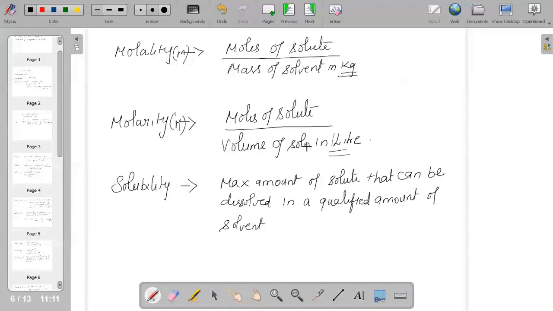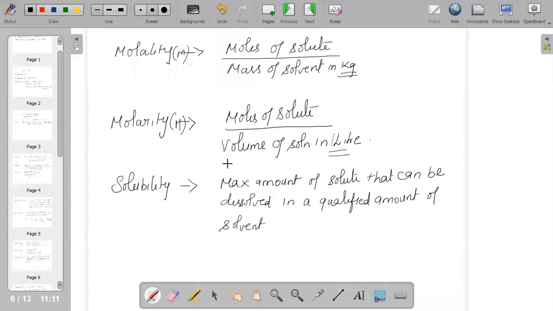Another factor is the molecular size of the solute. Larger molecules find it more difficult to dissolve in the solvent, whereas if the solute size is smaller, it dissolves very easily. And the third factor is polarity.